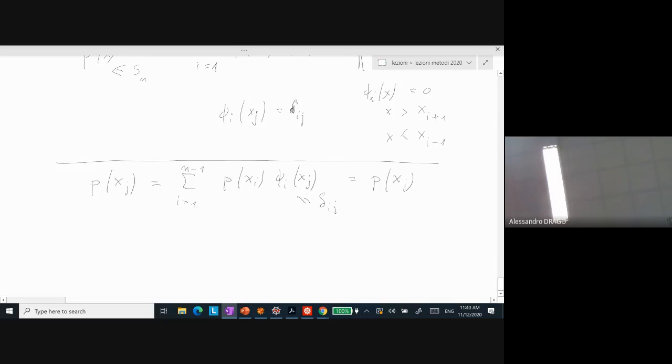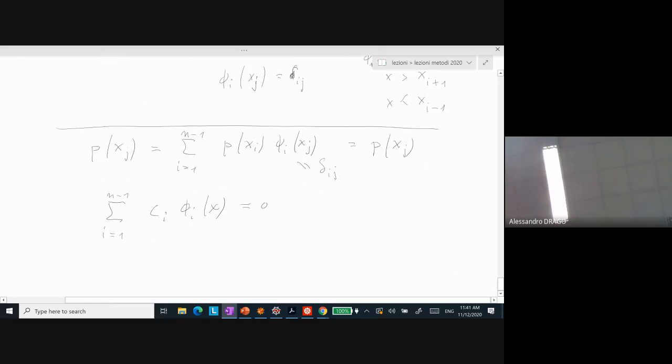You recall that to check if the elements of a basis are really linearly independent, you ask yourself, what happens if I make a generic linear combination, sum of c_i phi_i of x, and I put this equal to 0? To conclude that the elements of the basis are linearly independent, I have to check that this is true only if the c_i are all equal to 0.